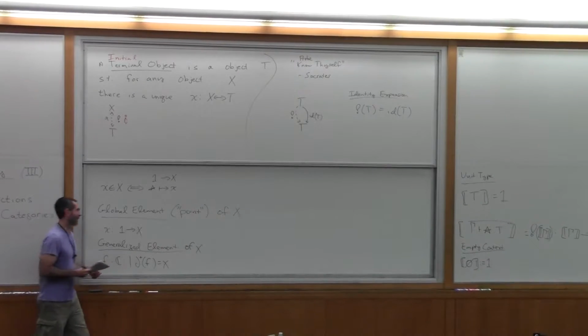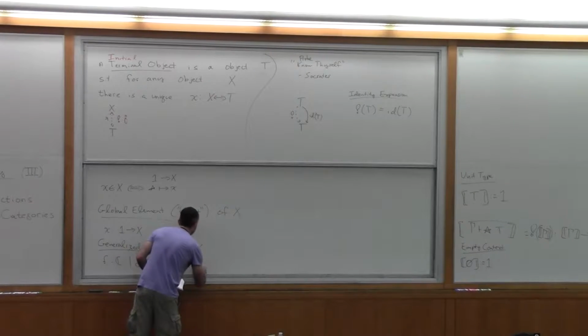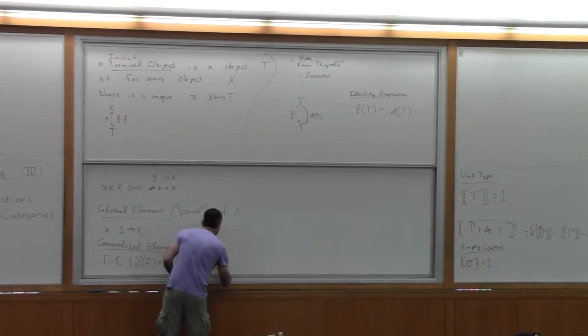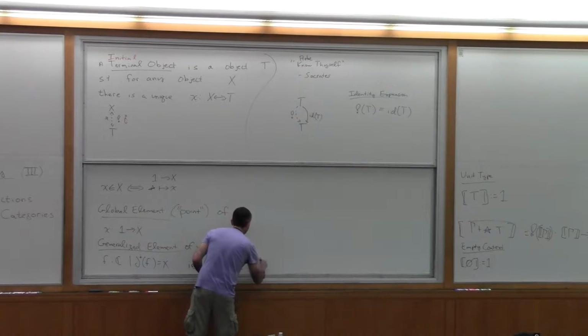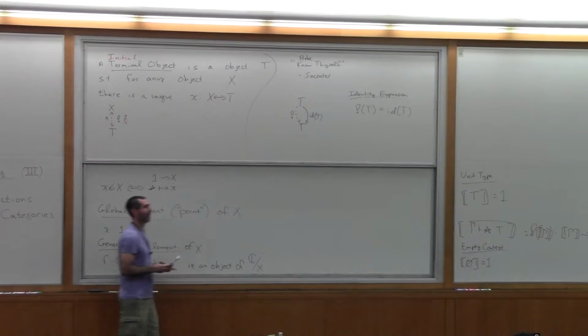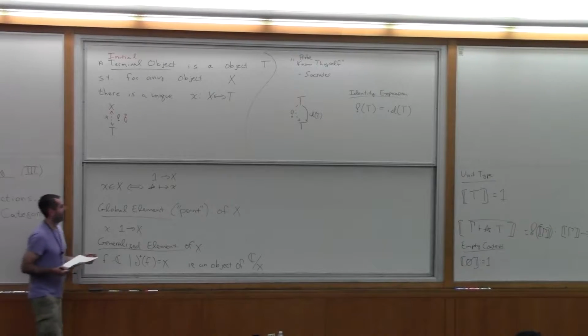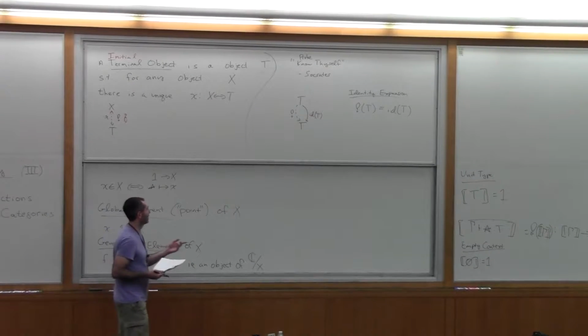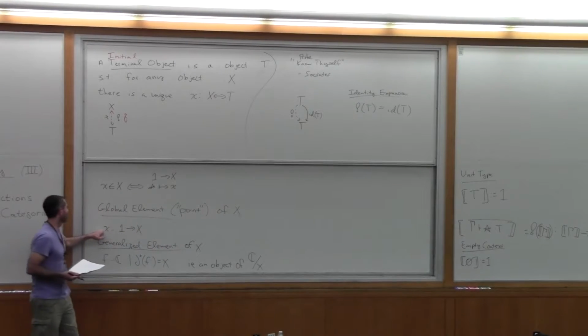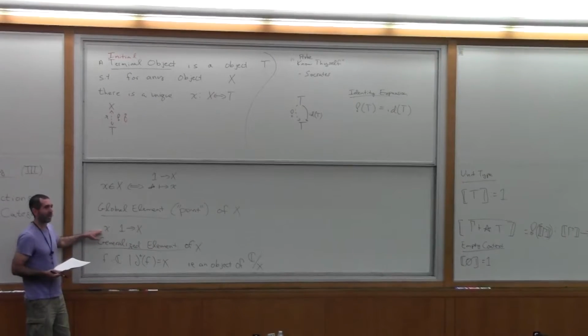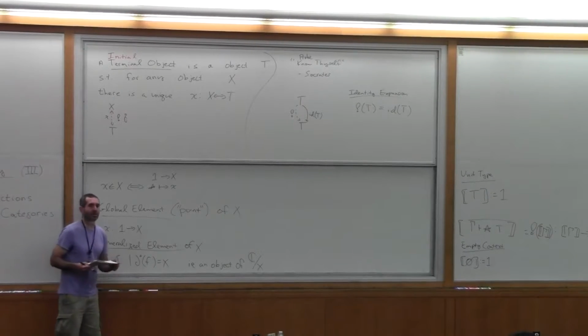It's an object in the slice category of C over X, an arrow into X. Okay? So I'm not quite done talking about context, but we can think of these as terms in an empty context, and these as representing terms in an arbitrary context, right? Because the domain of the arrow is completely unconstrained.